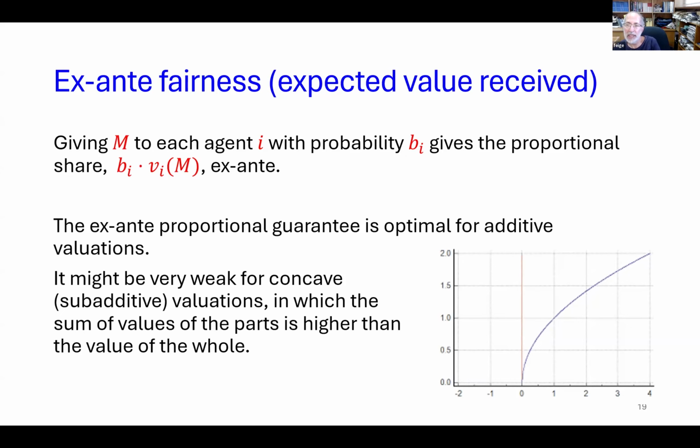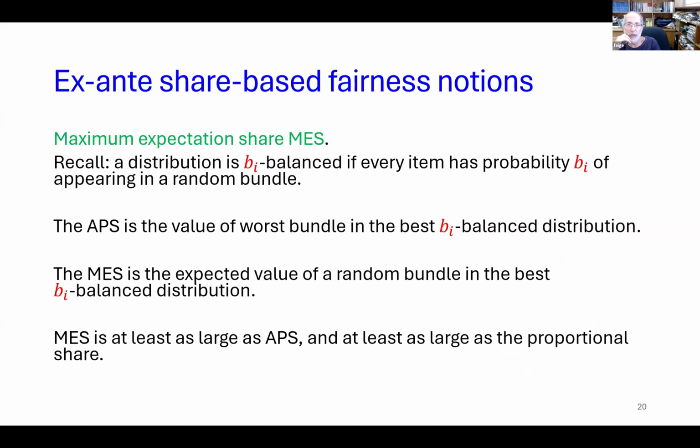Then the agents would want each agent to receive one item and not one agent to receive all the items and all the rest to receive 0. So this ex ante fairness, the proportional share, even though it is feasible, it's not very useful if valuations are not additive. So what share is more useful?